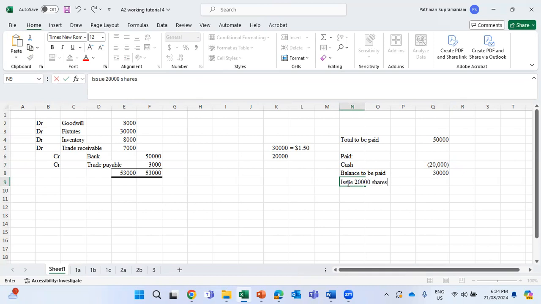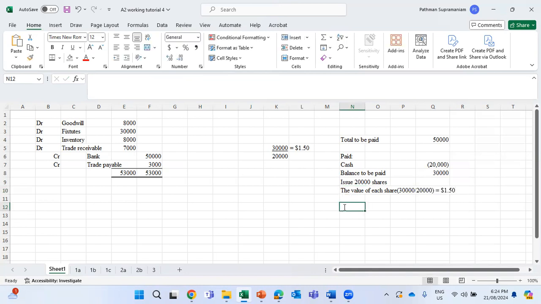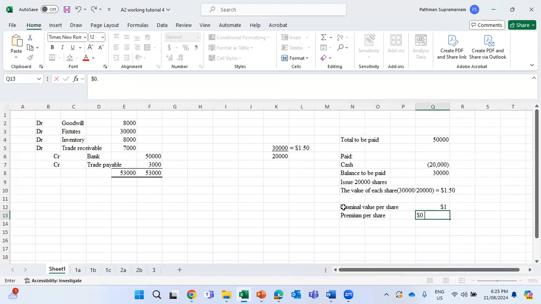So this 30,000, they'll issue 20,000 shares. So therefore, the value of each share is 30,000 divided by 20,000 shares, which gives us $1.50. So since the nominal value per share is $1, therefore the premium per share is the balance, $1.50 minus $1, so 50 cents.